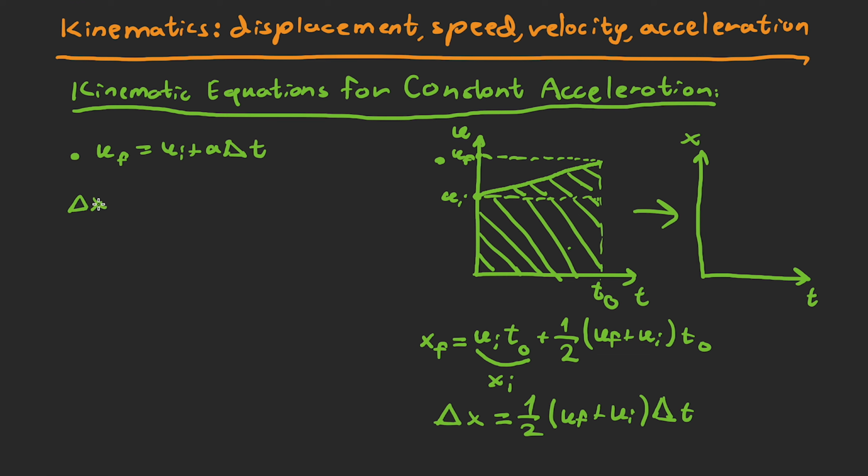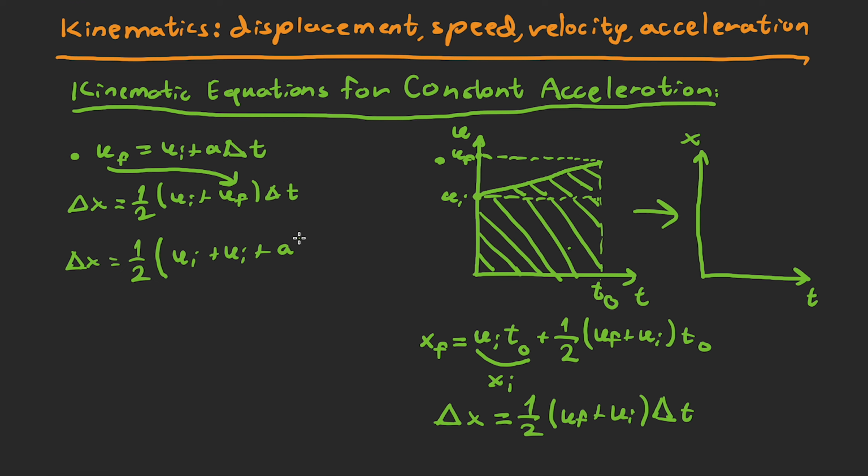And we know that delta x is equal to half of v initial plus v final times delta t. We can substitute this right here, and we would get something like this. 1/2 times v initial plus acceleration times change in time, times delta t.